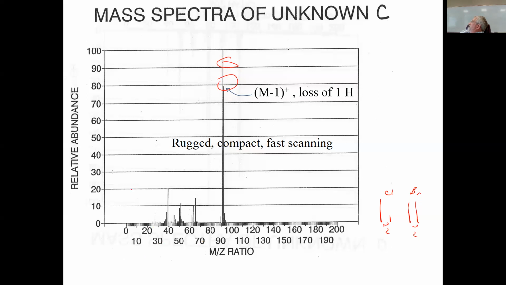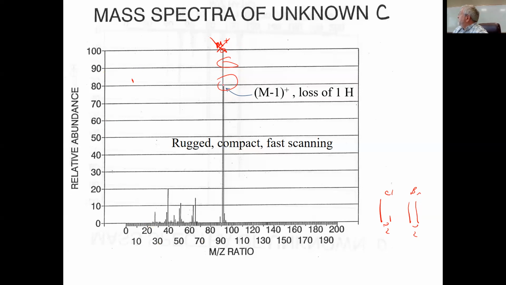So when we look at this, if this was the M plus peak, and this is 1 greater, it could not be. Unless you have a bromine, there's no way; this has to be M plus 2, but it's M plus 1.